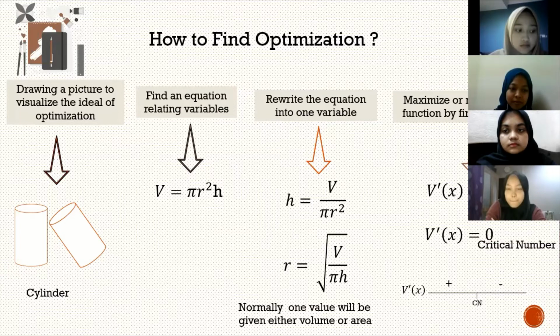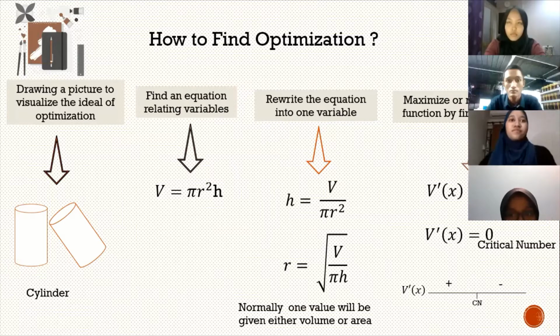How to find optimization? Firstly, after you read the question, you try to apply all the information given by drawing a picture first to visualize the idea of optimization. If the question is about a cylinder, then you draw the cylinder.